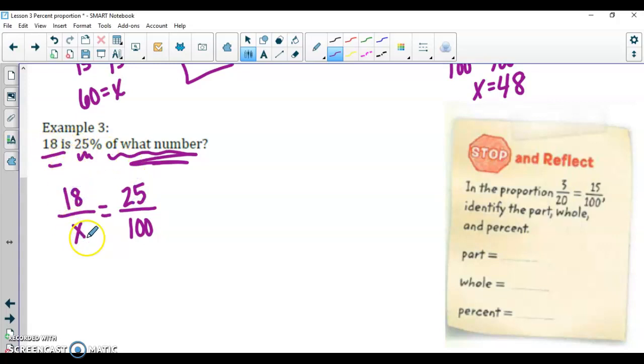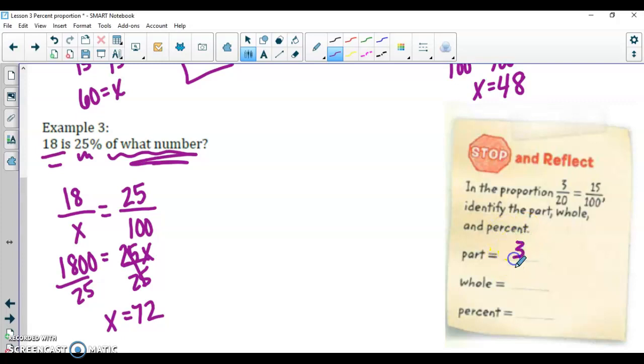Of is what I'm solving for. So I get 1,800 equals 25x. I divide by 25, and I get x equals 72 for my answer. If I do the stop and reflect, what's the part? The part would be 3, the whole would be 20, and the percent would be 15%.